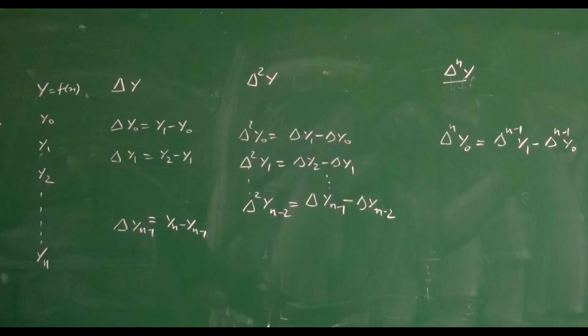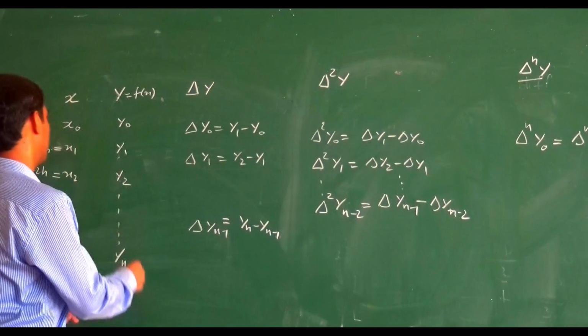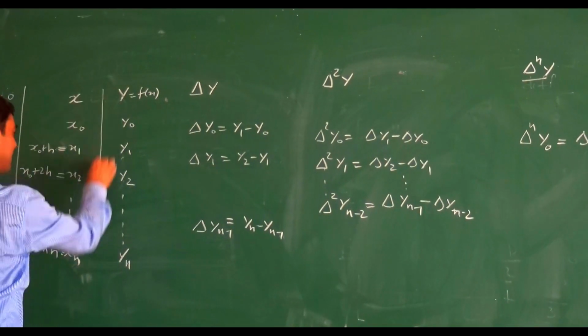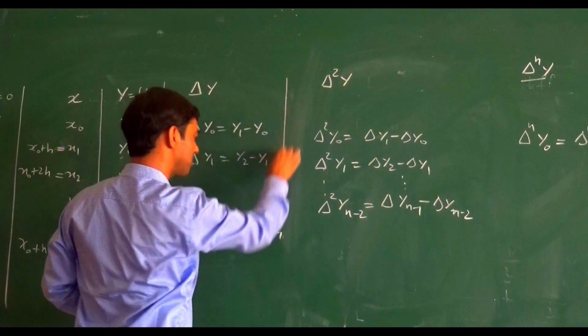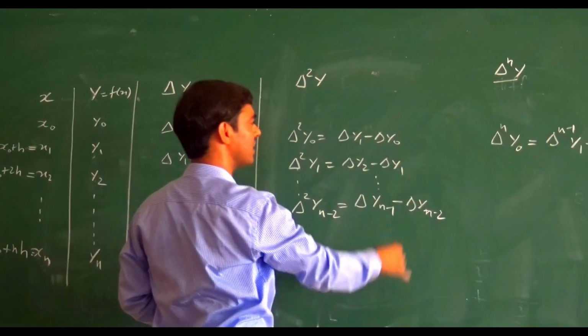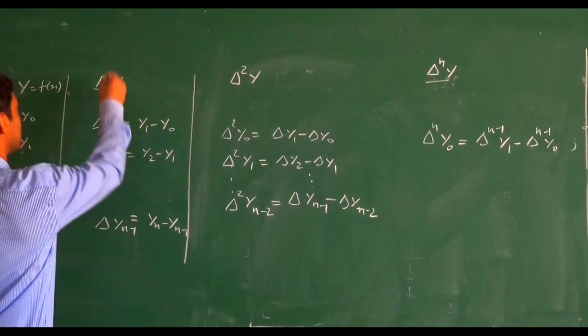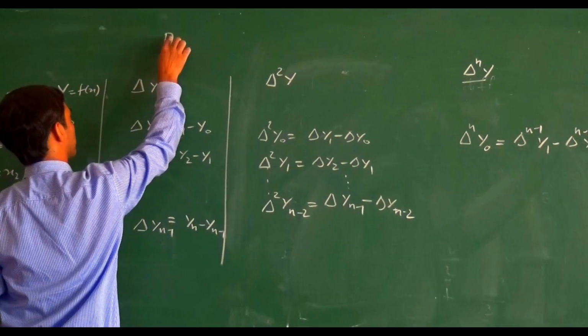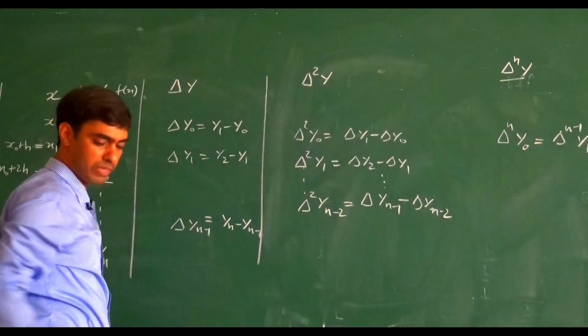If we closely observe this table, this is your first column, this is your second column, similarly the third column, the fourth column, and so on up to the nth column. Then this is called the difference table, more precisely the forward difference table.